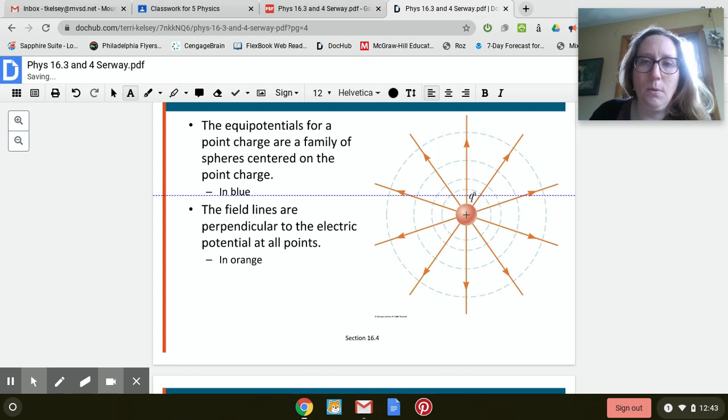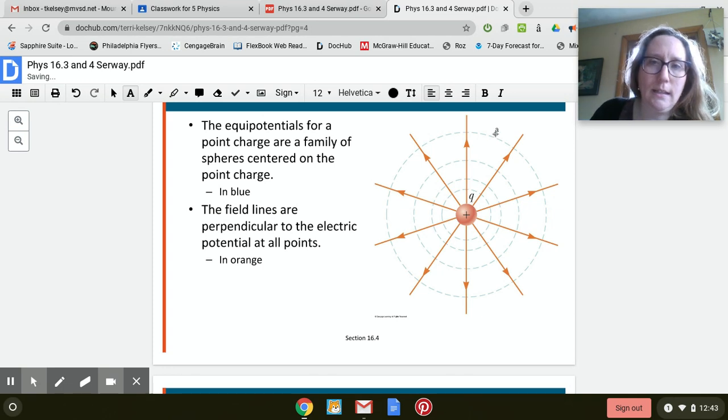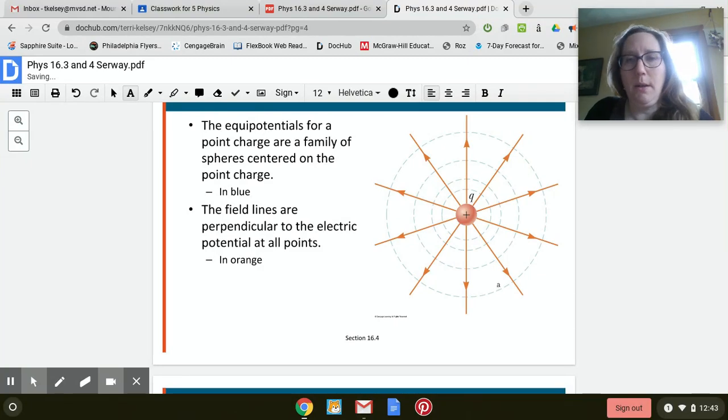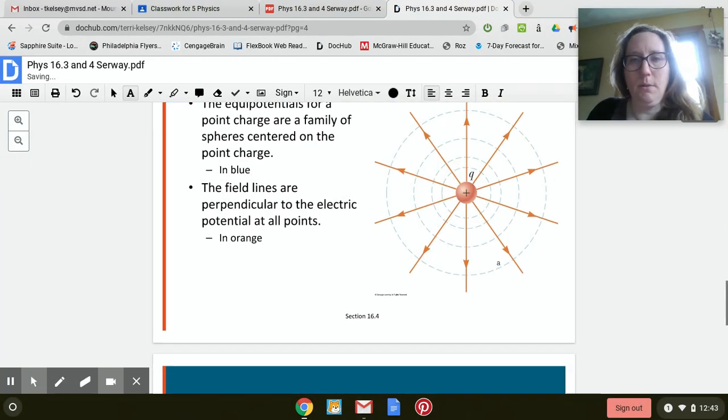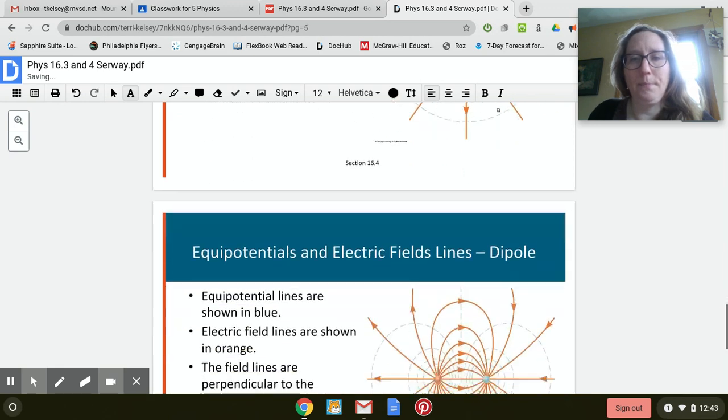Each one of these lines has a different potential, but everywhere on these dotted circles has the same potential. Say this has 10 volts of potential, this has 7, this has 5, this has 1. I'm just making up numbers, but that way you can visualize. It's a lot like a topographic map.